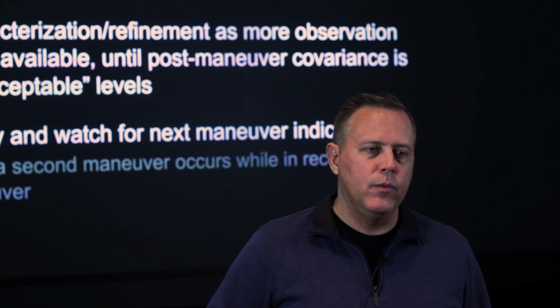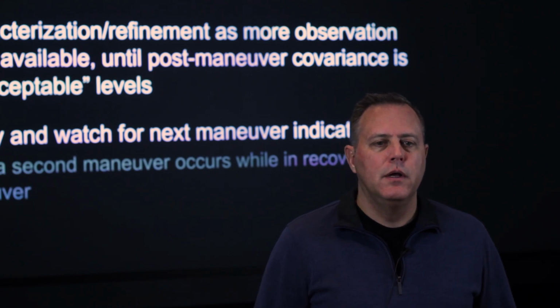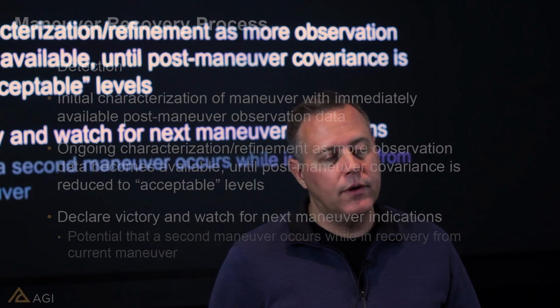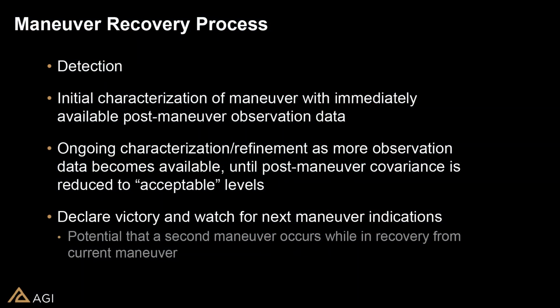And again, we don't want to lose track custody. So we start doing the initial characterization as soon as we can with the data that we have, with the understanding that it may not be the best answer, but it's the best answer I can get at this time. Then as more data comes in, more observations, more tracks from our sensors, we can continue to refine that estimate and improve our knowledge about what's going on with that maneuver.